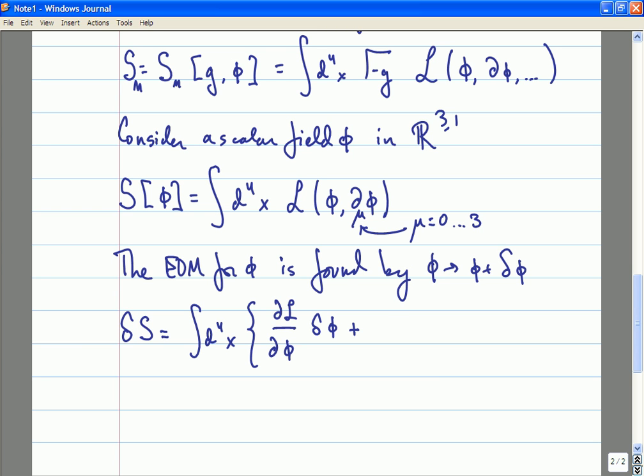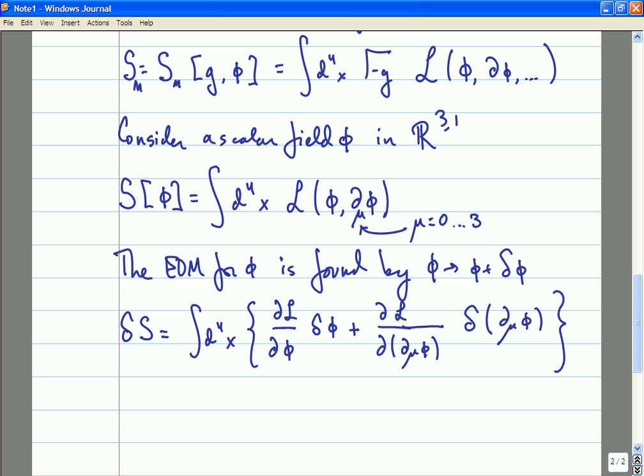To first order, they'll be the derivative of the Lagrangian with respect to d mu phi, times, using the chain rule, the variation of d mu phi. And here the index mu is summed over as usual using the Einstein summation notation.